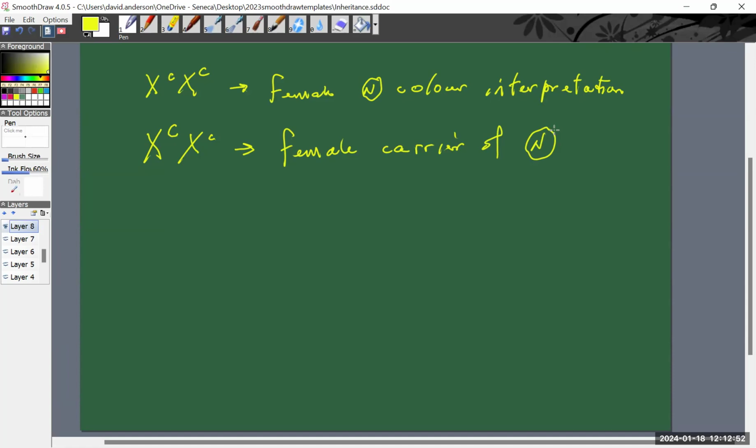But she can contribute to future offspring because she carries the recessive gene. So to have a female who has this color blindness, you'd have to have a colorblind male mate with a colorblind female to give us a female who expresses red-green colorblind.